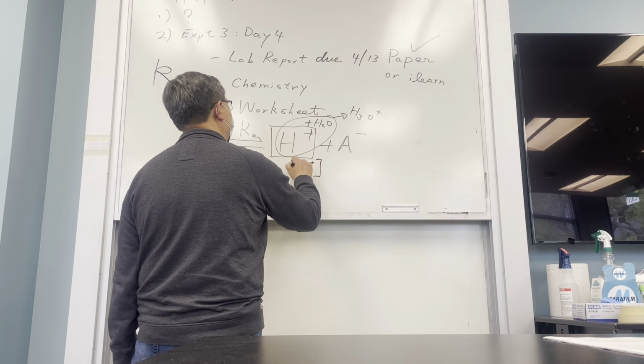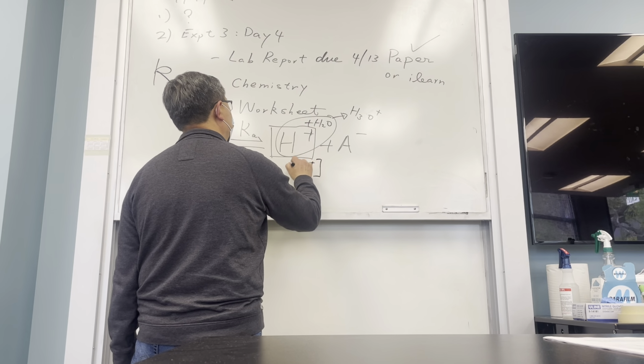HA, what do we call HA? What do we call HA? Weak acid. How about the proton? That's the proton, and this is the conjugate base.